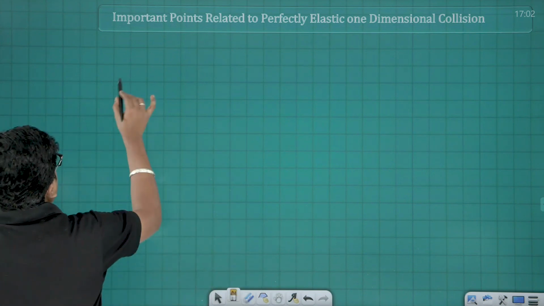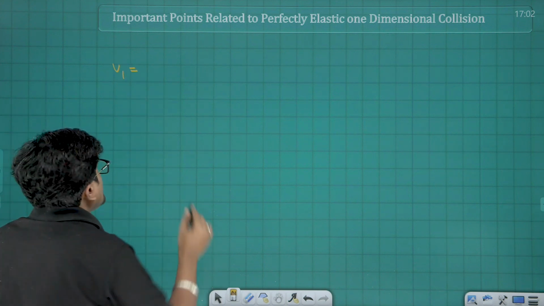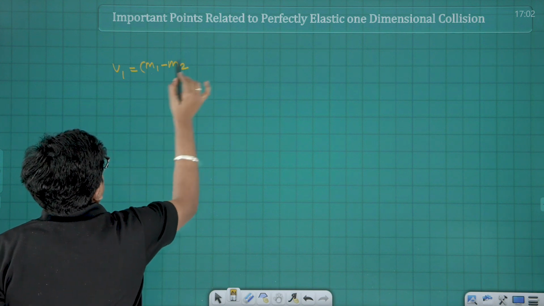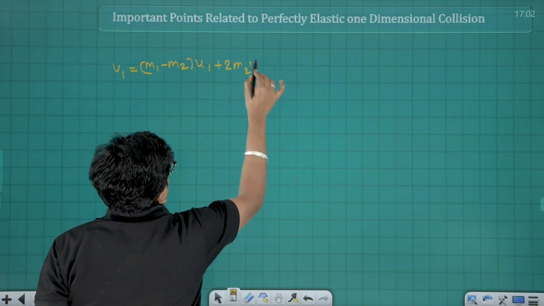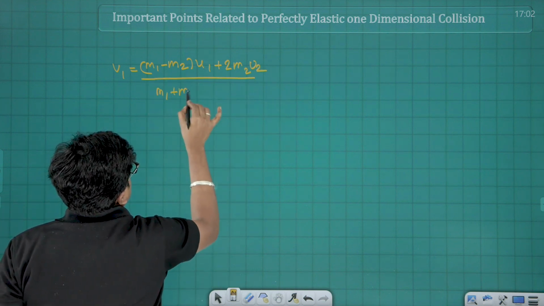So I am going to repeat the expressions for v1 as well as v2. What was v1? v1 was m1 minus m2 into u1 plus 2 times m2 u2, all divided by m1 plus m2.